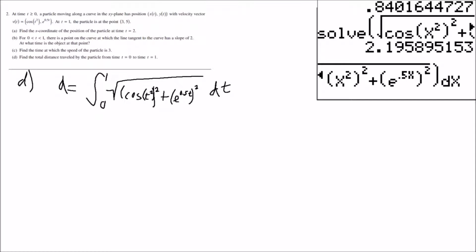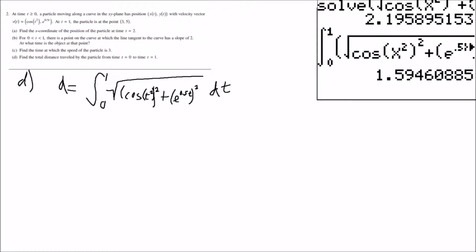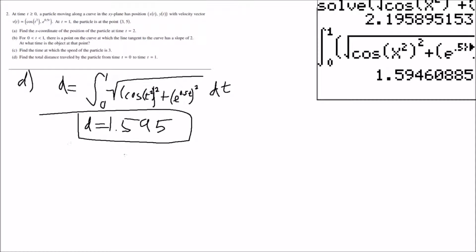I've just changed the variables because it's easier for me to plug it in. So let's evaluate that. And what do you get? You get 1.595 as your total distance. That's a decimal point. And there's the last bit, and you're done. That's 9 points. Easy peasy.